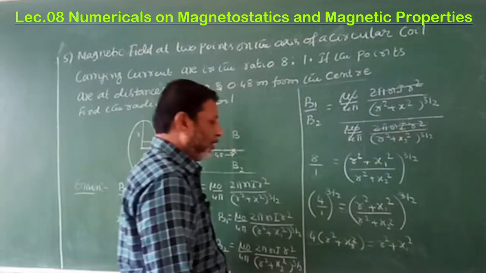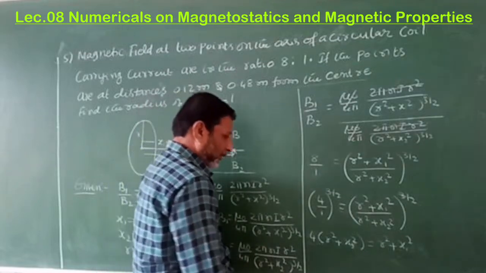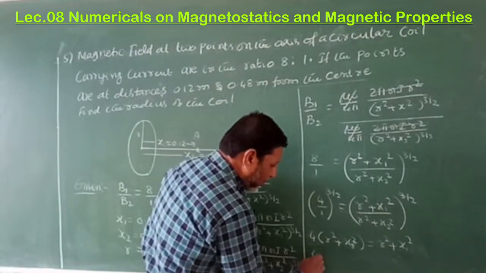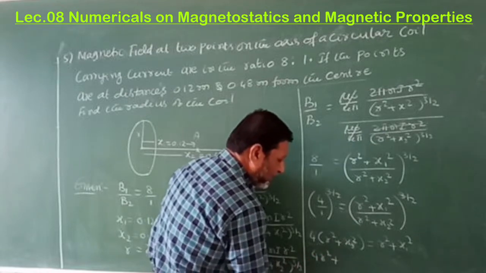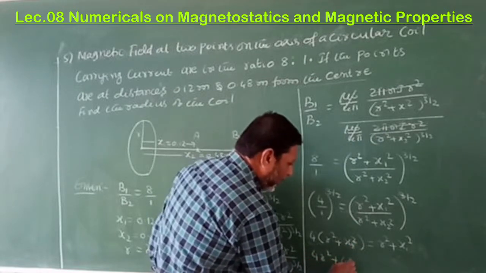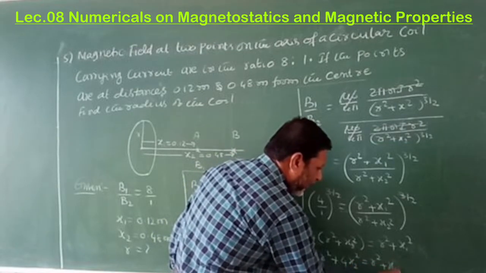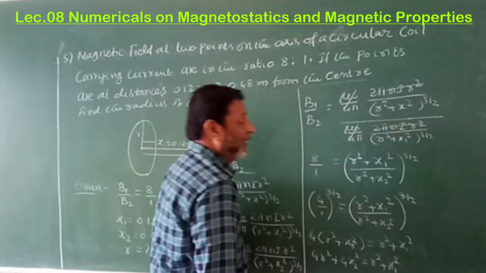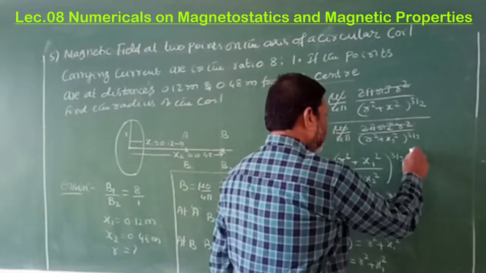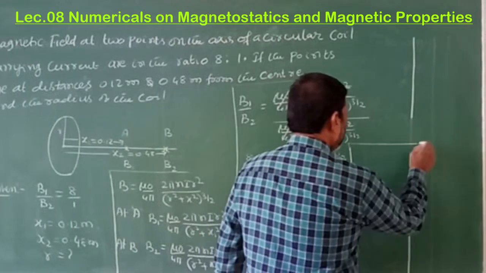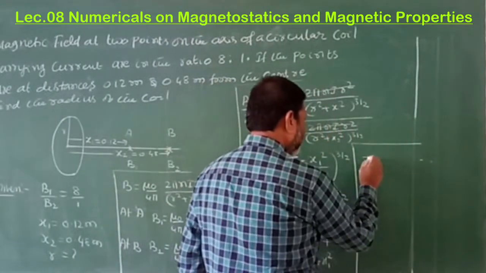Whatever you write, this is the same you are getting. Now, this is 4r square plus 4x2 square is equal to r square plus x1 square, isn't it?